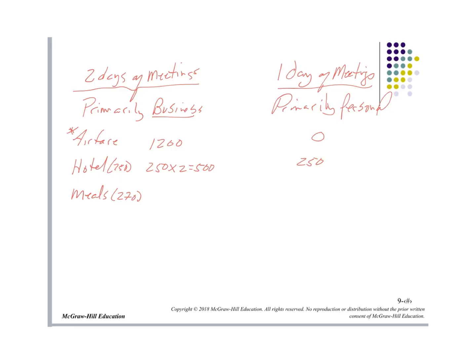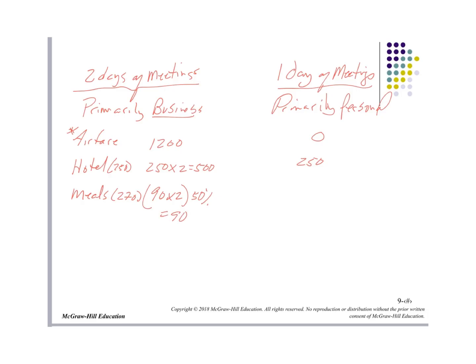Okay? But remember that meals automatically, you only get to deduct 50% of anything you qualify for. So we've got 90 times 2 times 50%, okay? And so that equals 90.